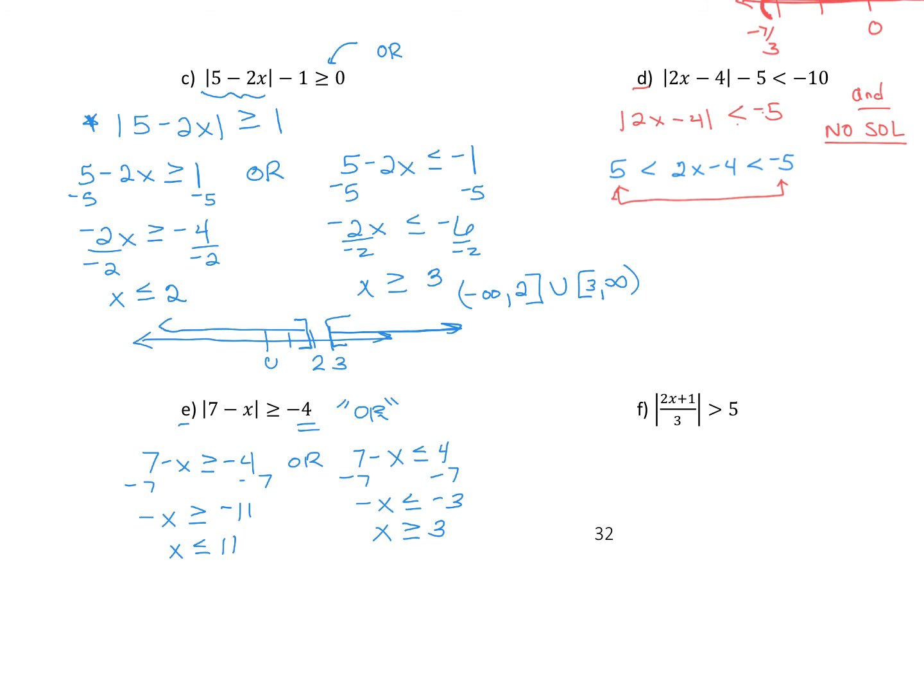Now what does that look like on the number line? So here I'm going to put 11 here and 3 here, and I want to be less than or equal to 11, and I also want to be greater than or equal to 3.